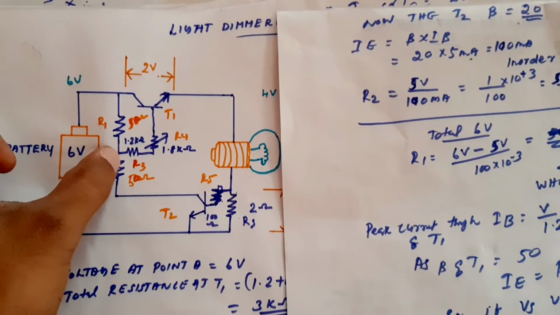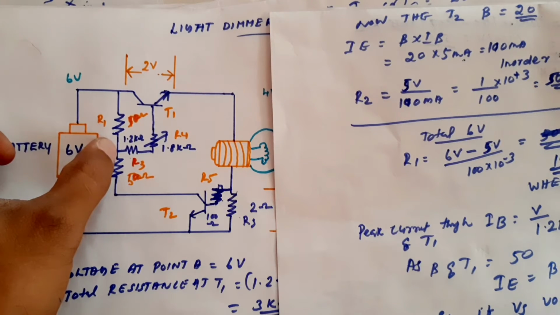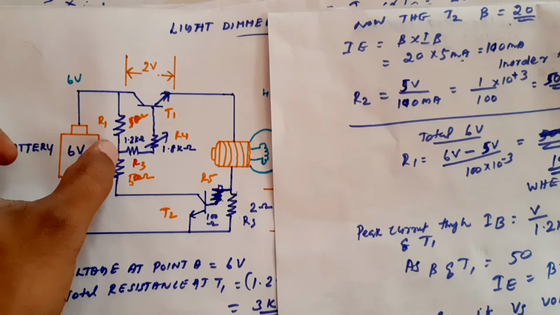We want an output voltage of 5 volt here. Earlier it was 6 volts, now we want 5 volt.